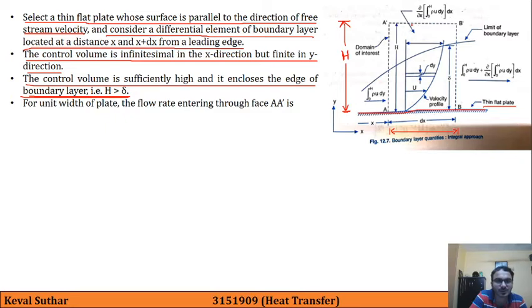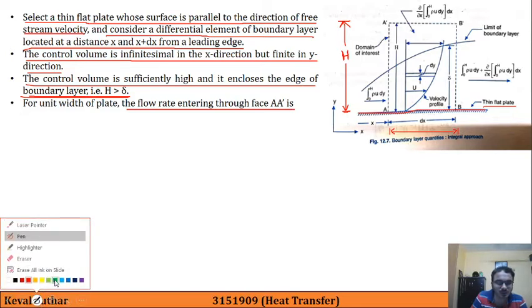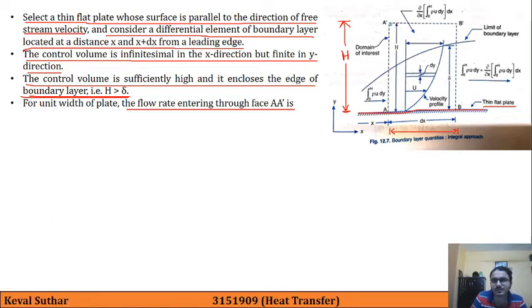For unit width of the plate, the flow rate which is entering through the face A prime is, so now what we are discussing right now is this face. Here the mass flow is rho into u into dy. Why?